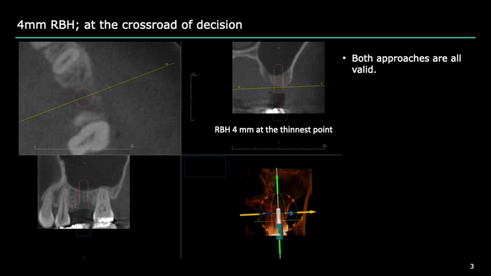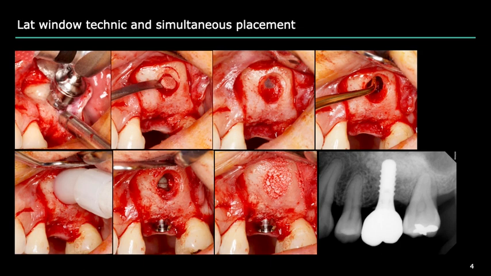So according to these CBCT scan images, I planned on a placement of 10 millimeter length standard diameter implant combined with some sinus graft. So sinus floor was elevated from the anterior wall and a tissue level implant was placed at the same time in this patient. With this approach, we can have a direct vision of the surgical field.